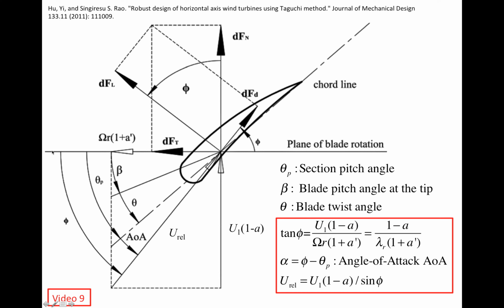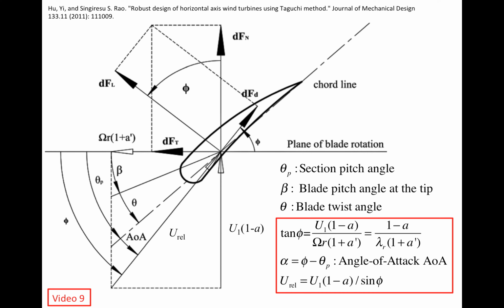So V_rel is going to rotate this way, and that's going to reduce phi. But we want to keep alpha constant. So the only way to do that is to keep theta_p decreasing at the same pace as phi. If we can do that, then the angle of attack alpha can be fixed along the blade.